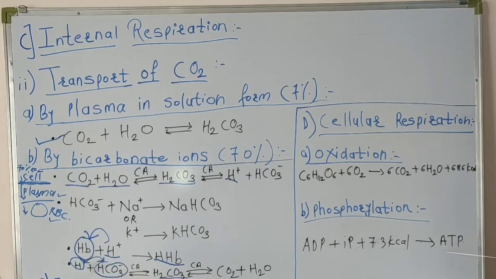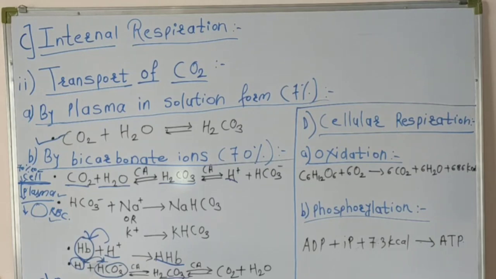So ATP has a very important and vital role. That's why ATP is called the energy currency of the cell, because of its high energy bond.